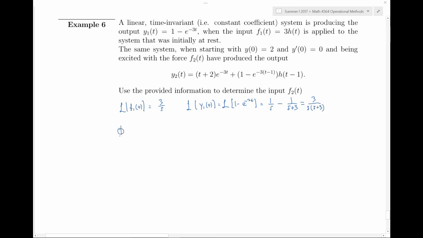Given this, the system transfer function must be simply 1 over s plus 3.